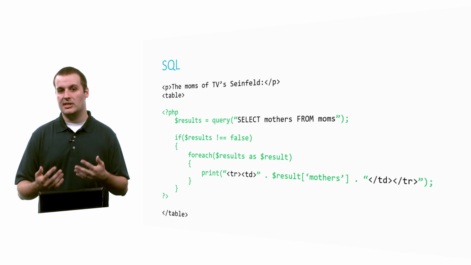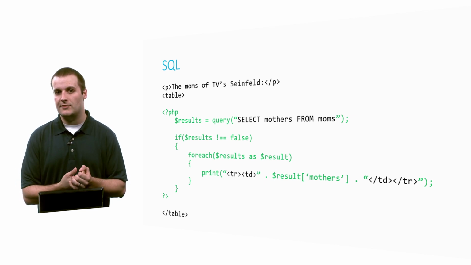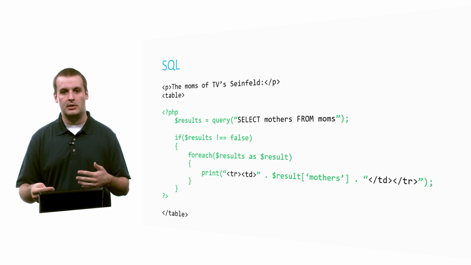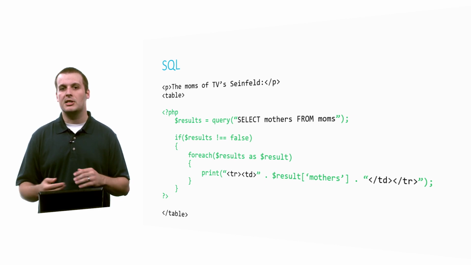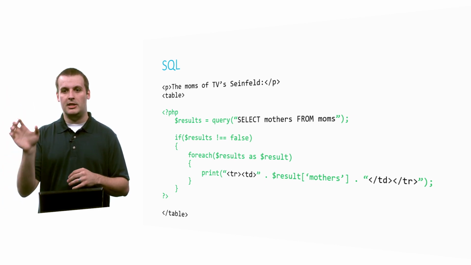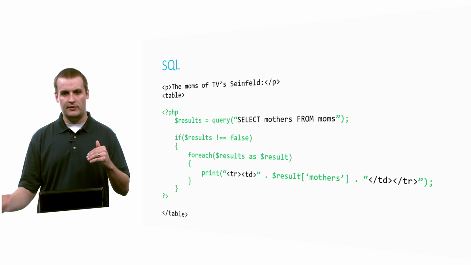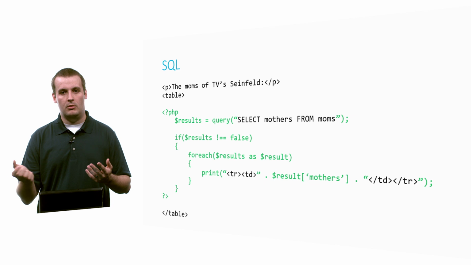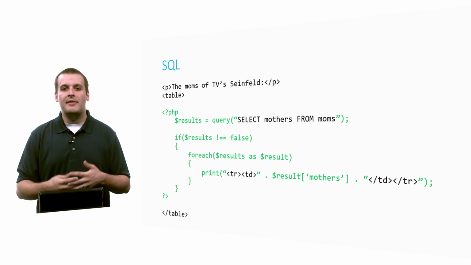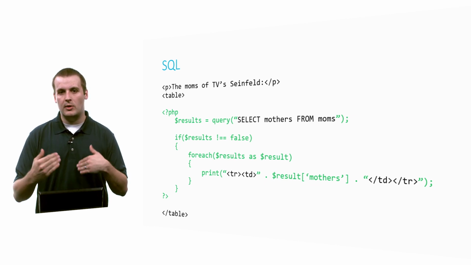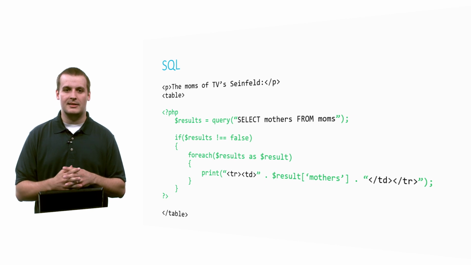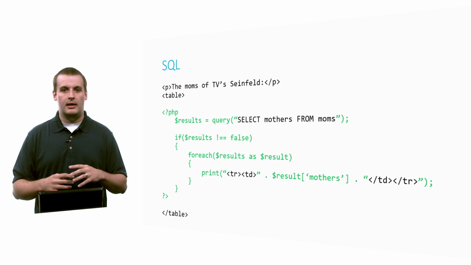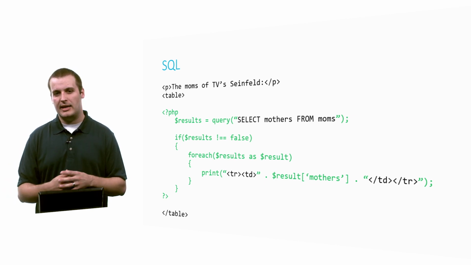Then for each results as result, the foreach syntax from PHP, all I'm doing is printing out $result mothers. And so I'm going to get a set of all of the mothers. So it's an array of associative arrays. And I'm printing out each one as its own row of a table. And that's really pretty much all there is to it. I know there's a little bit going on here in this last example with arrays of associative arrays.